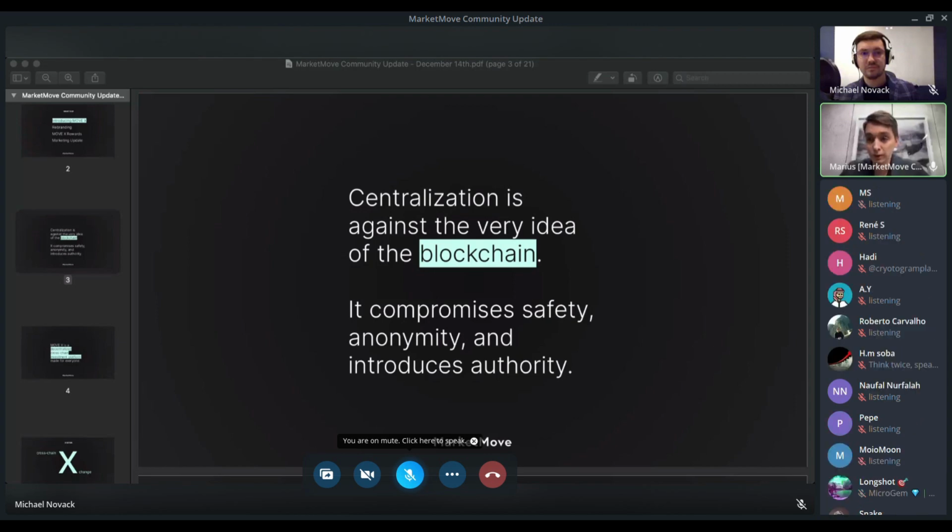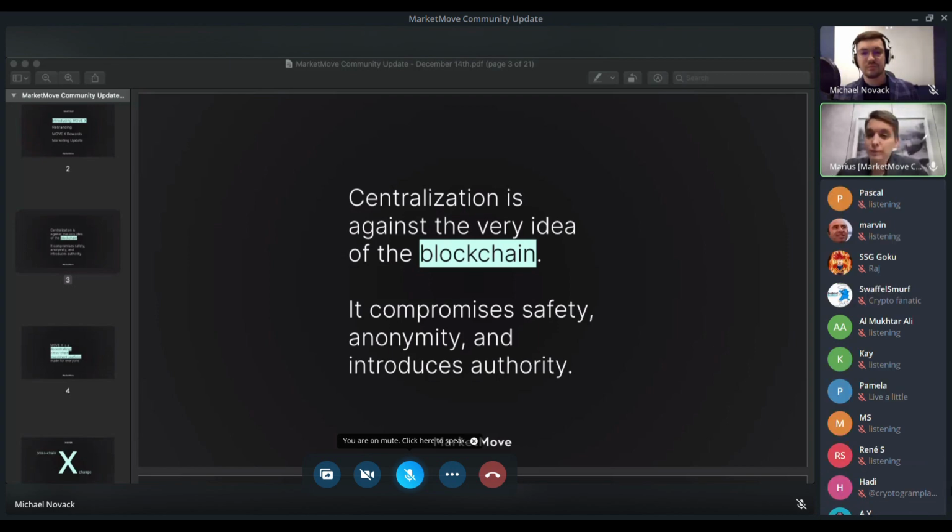To start from the beginning, if you want to get into crypto easily, you're going to start with a centralized exchange, most likely something along the lines of Kraken, Binance, OKEx, and anything like this.